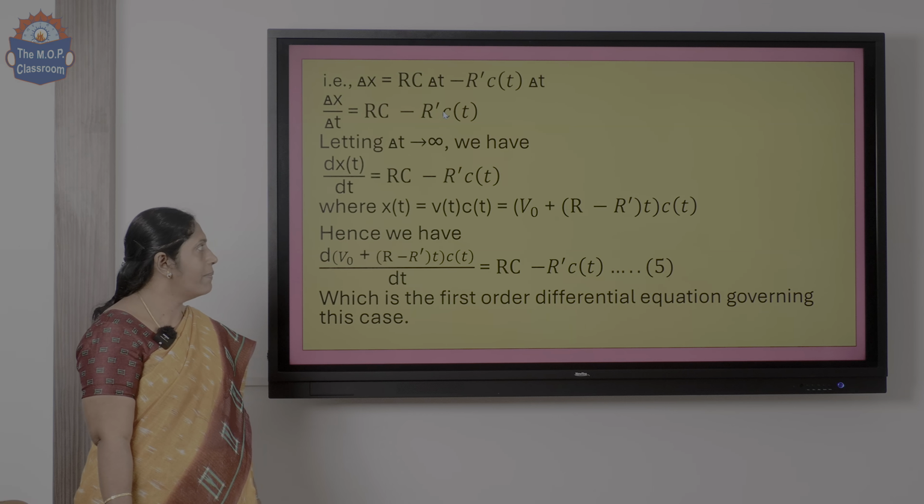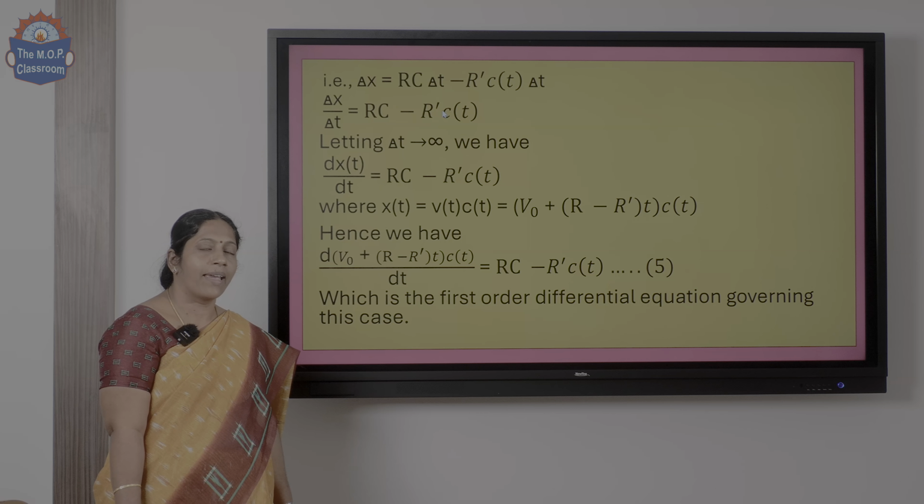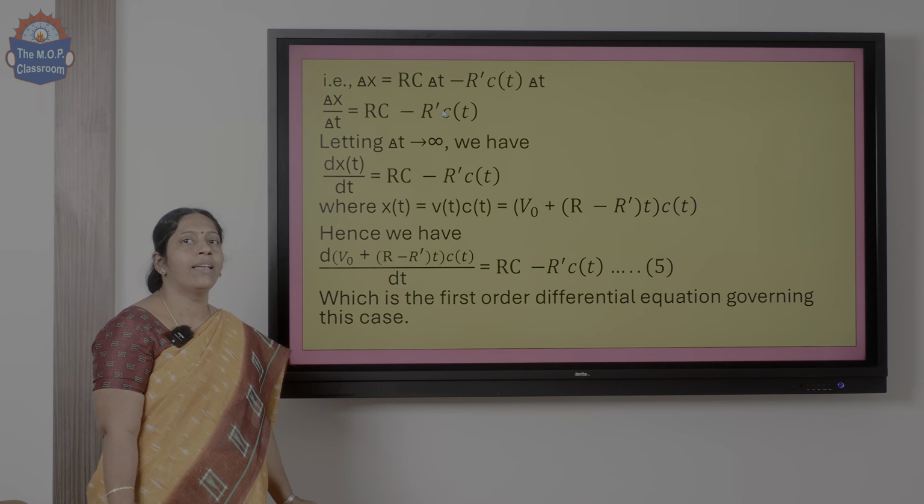So, x of t can be written as V naught plus R minus R dash into t into C of t. Now, substituting this in the given differential equation, we arrive at expression 5, which is the final differential equation governing case 2 that we are discussing now.